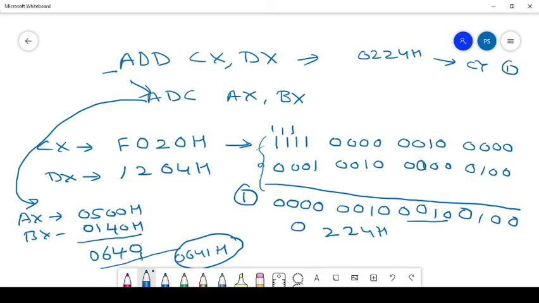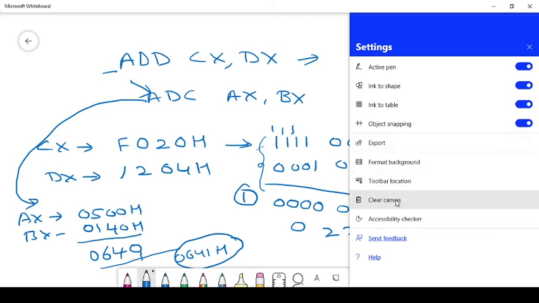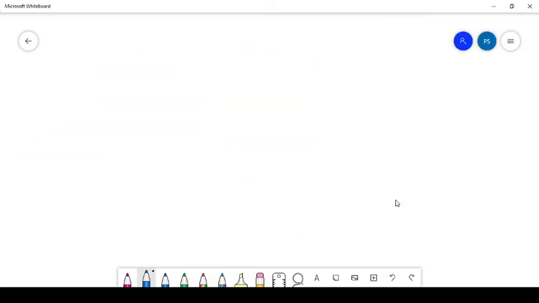So in a similar way, we have discussed subtract and increment instructions. Similarly, increment INC: if the content of AX is some 0, 2, 3, 4H, then increment AX means it adds 1 to the content of AX.